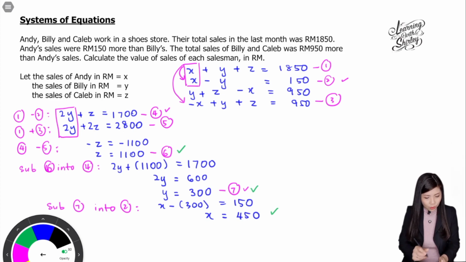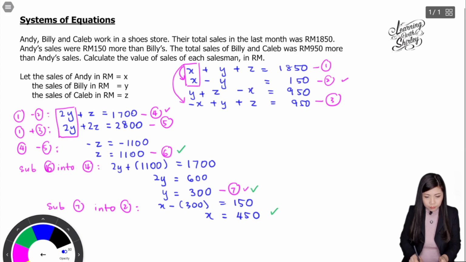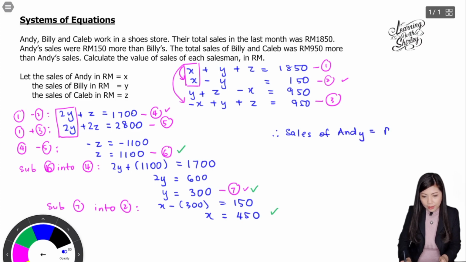So we're going to write a statement at the bottom. Therefore the sales of Andy, so Andy is x, it's 450 ringgit.